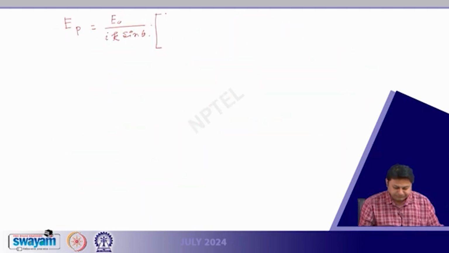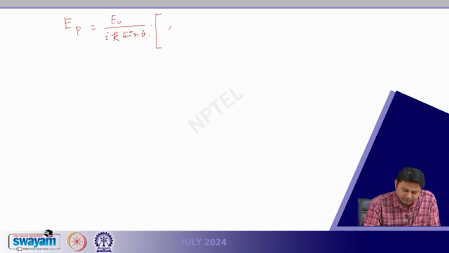So, if I do, then I simply get e to the power of i alpha, minus i alpha rather, if I take common, then I am going to get something like this, e to the power of i beta minus e to the power of minus i beta.